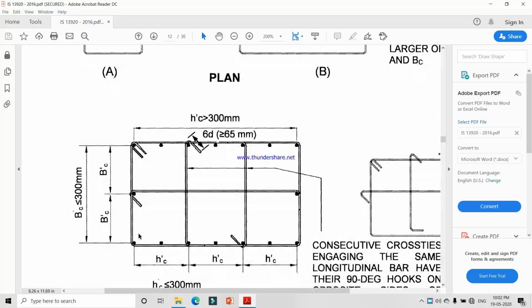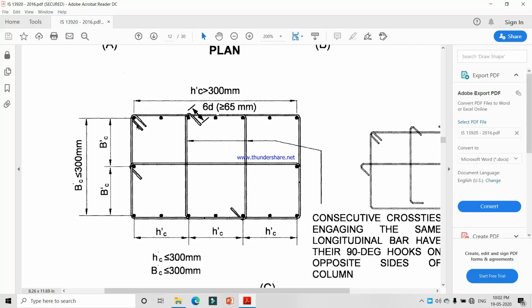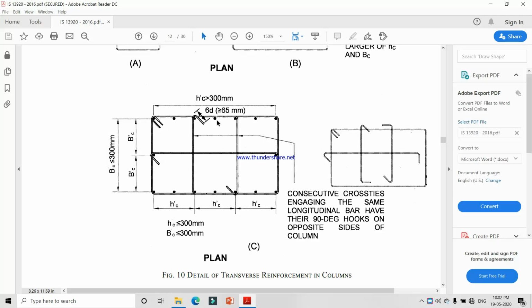If this dimension is greater than 300 mm, then what we do is, we provide this as the main ring. Suppose the dimension is greater than 300 mm, so we provide one link, one cross tie here and two cross ties here.